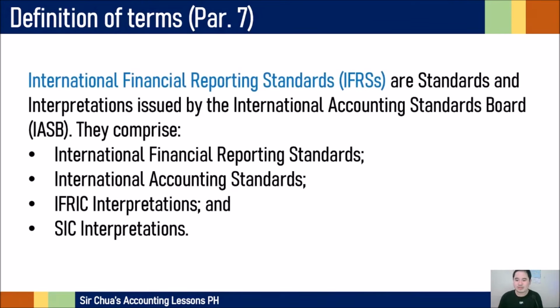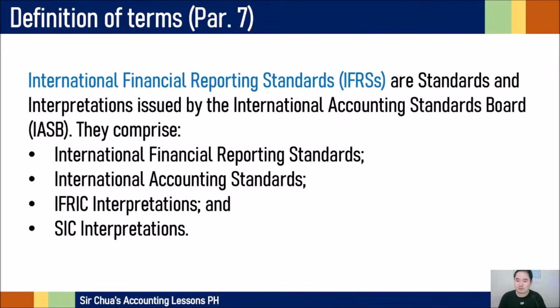Then we also have International Financial Reporting Standards. So the IFRSs are standards and interpretation issued by the International Accounting Standards Board or the IASB. Ano po ang laman niya? Yung mismo mga IFRSs po natin, the International Financial Reporting Standards, IFRS 1, which is first-time adoption of the International Financial Reporting Standards hanggang IFRS 17, insurance contracts. Yun po yun.